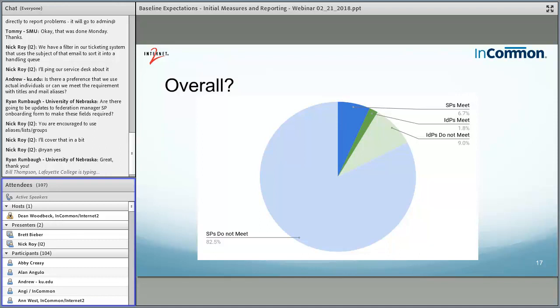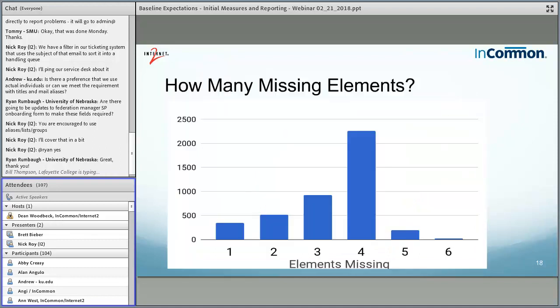How well can we make those graphs go up and get everyone as close as we can to meeting those elements of baseline, as high as we can? 100% would be ideal.